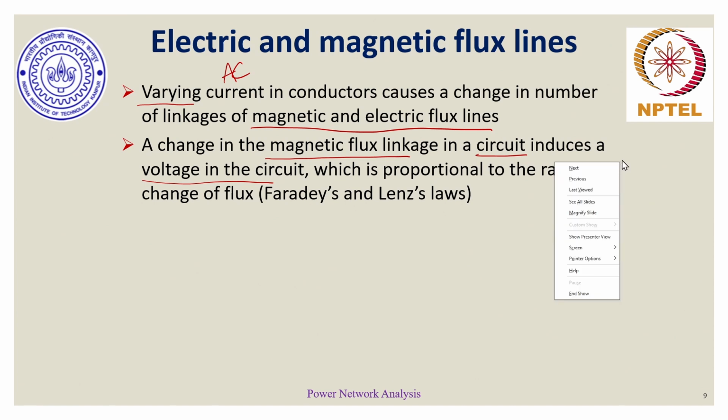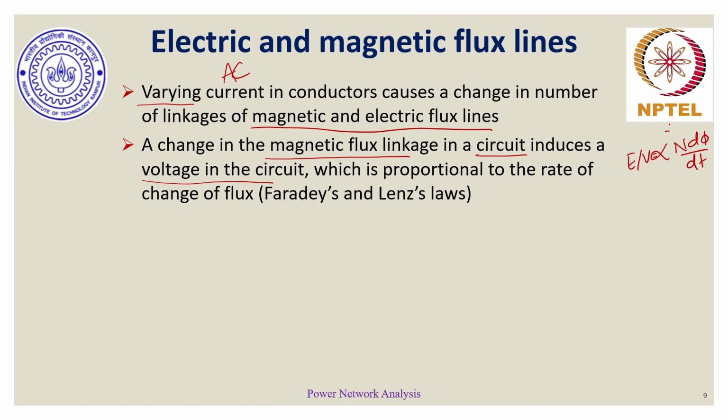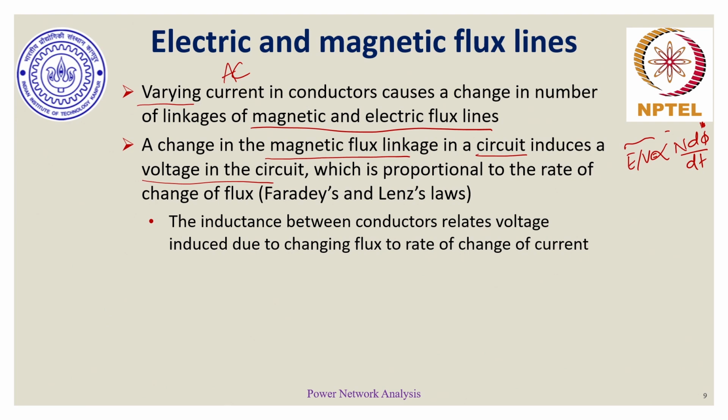Essentially, the induced EMF, E or V, whatever you represent, is proportional to N d phi by dt. Lenz's law associates a negative sign here. So if magnetic flux linkage is varying in time, the corresponding circuit would also have an induced EMF or voltage. That is attributed to the property of inductance.